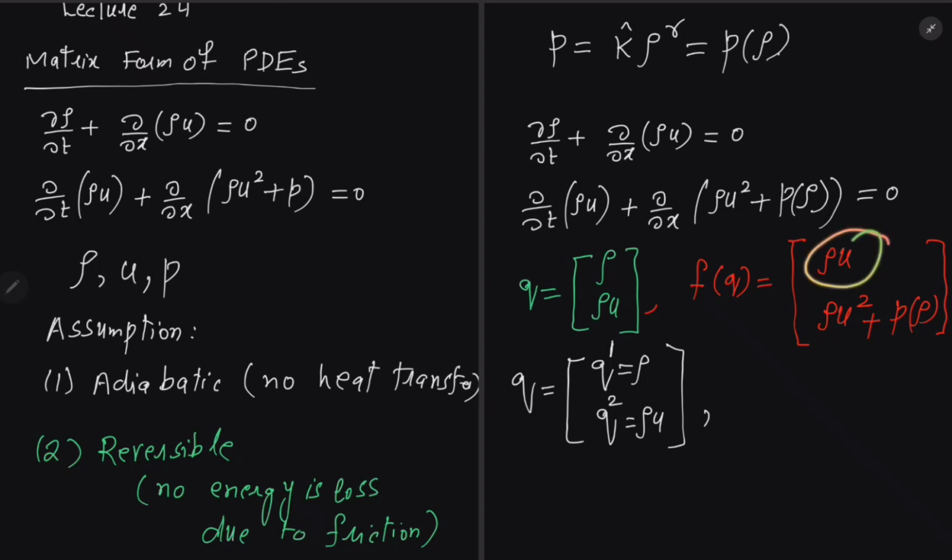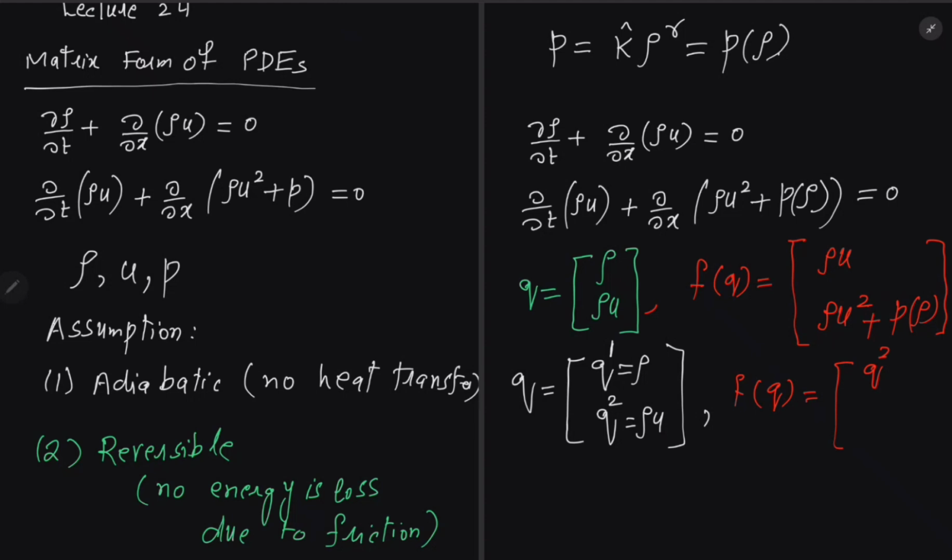The flux term should be written in terms of Q1 and Q2, so this will be equal to f of q. You see that rho U is Q2, so formally we write it Q2.